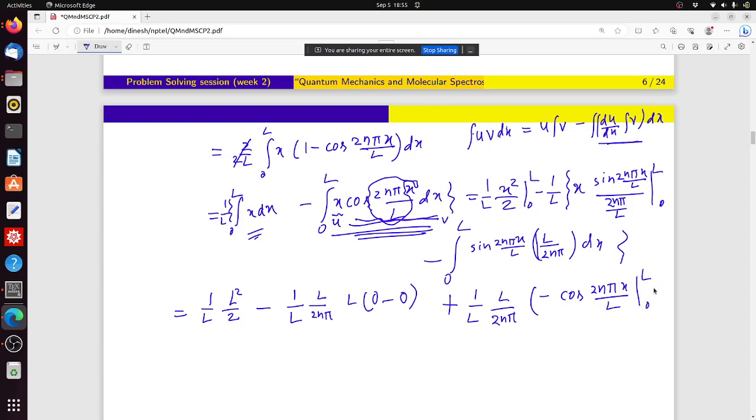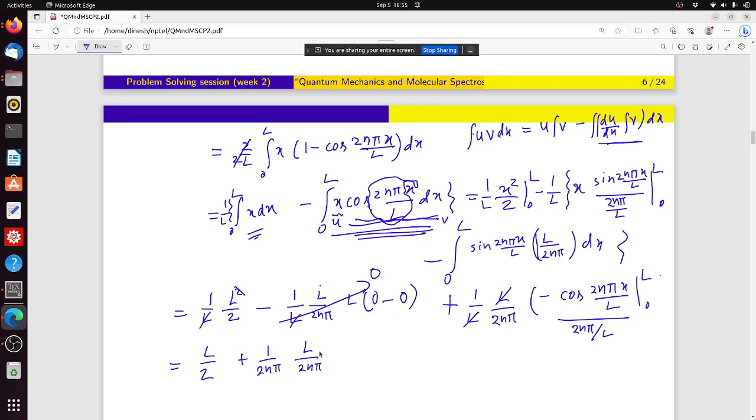I have to divide the coefficient also, 2 n pi over L. This L square, L cancels, L cancels, this all is 0, so don't bother about it. This is L by 2 plus 1 over 2 n pi, and L over 2 n pi, and then there is a minus here.